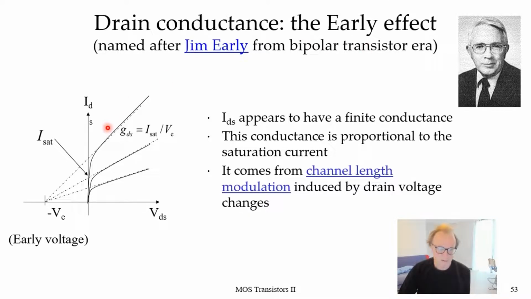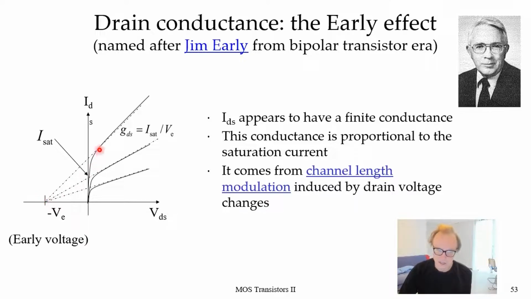What you observe here is that the drain source current as a function of the drain source voltage is actually not constant like we assumed before, but it's linear with the drain source voltage. And if you take these currents versus drain source voltage for different gate voltages and extrapolate them until they intercept the voltage axis back here, they come together at a common point, which is called the Early voltage.